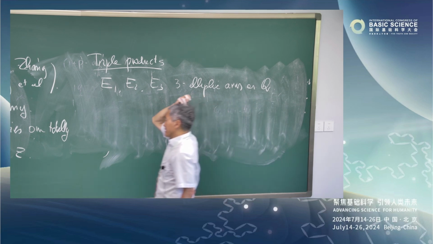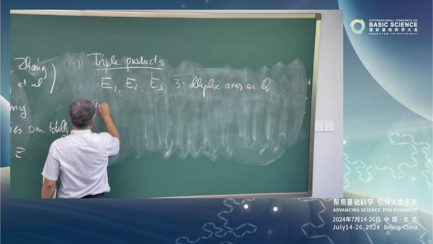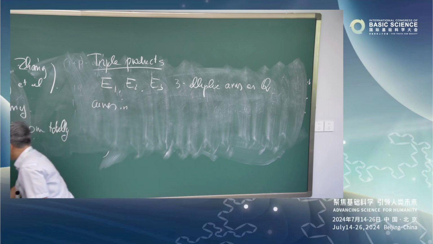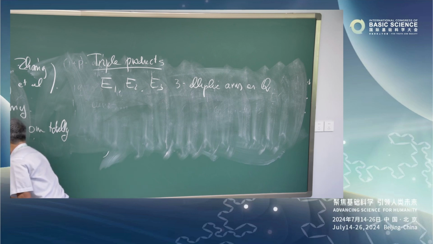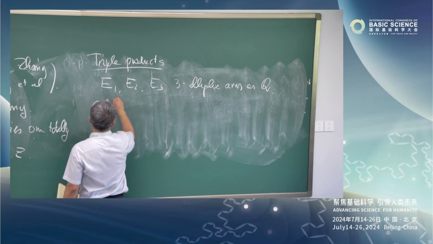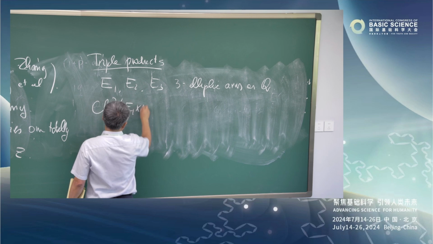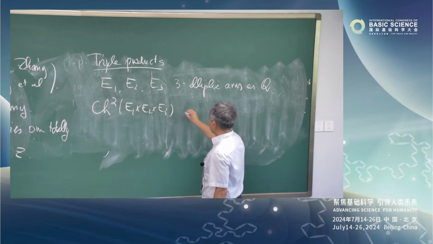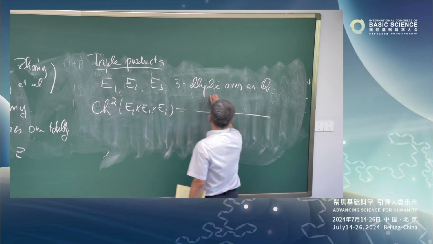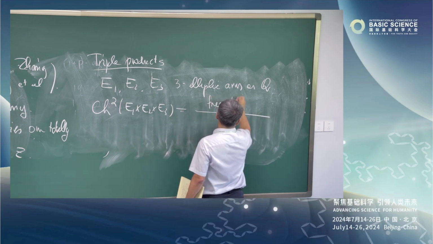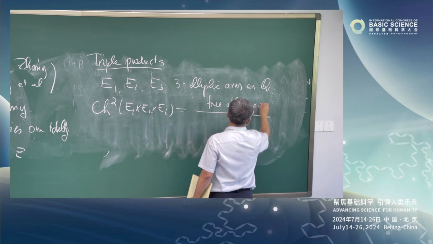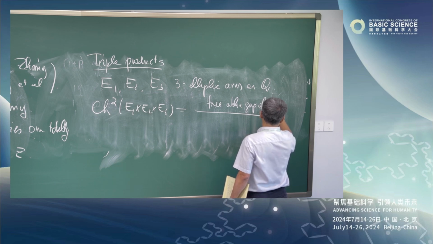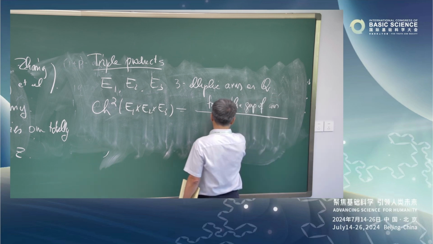What we care about is the curves in the cycles. So we start with the Chow group, the space of abelian groups of cycles modulo rational equivalence.